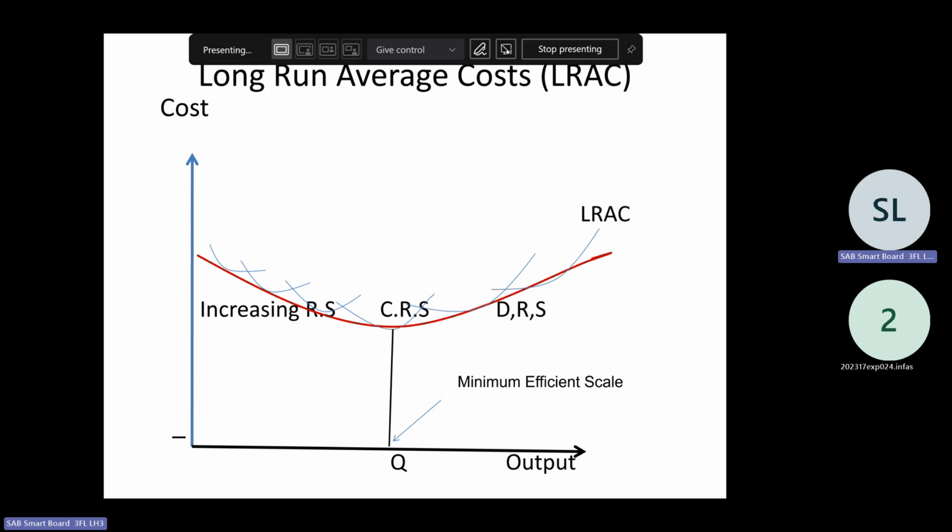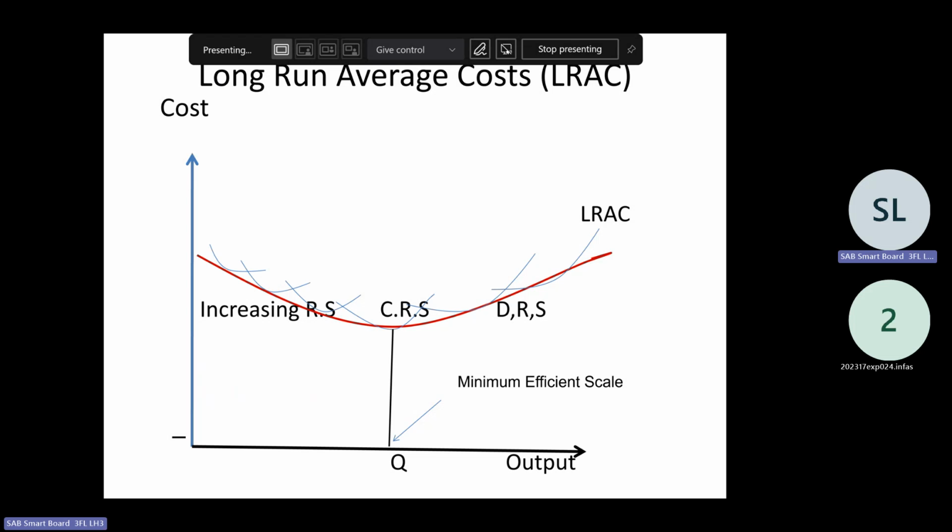Now this minimum point of the long run average cost curve is called the minimum efficient scale of the business. That is the cost minimizing output level in the long run. Q is the minimum efficient point, the long run cost minimizing output level.